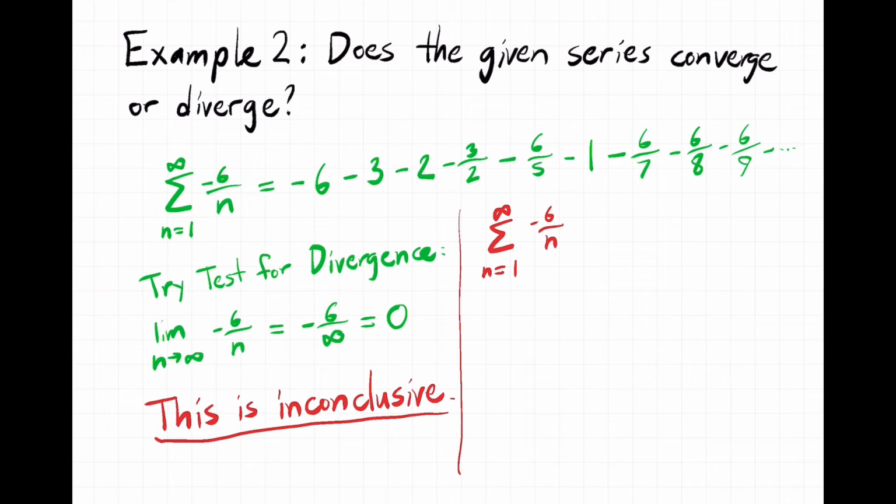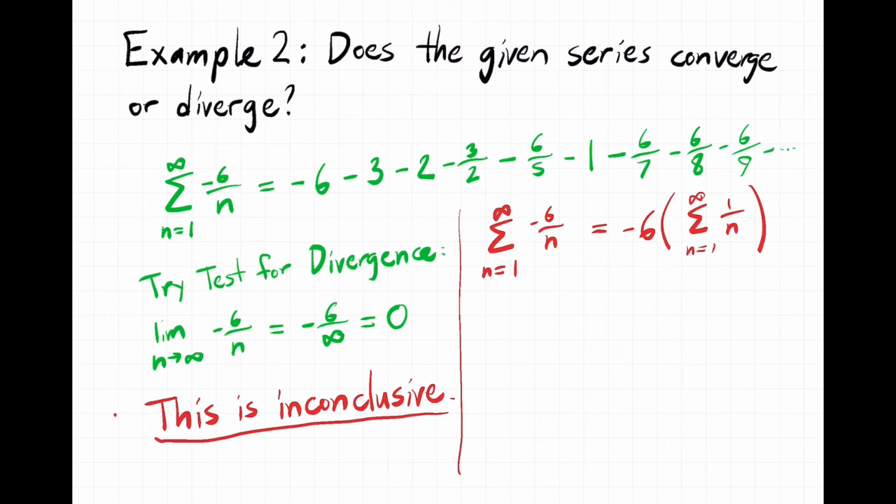If the series is a constant multiple of another series, that series will essentially have the same behavior as that other series. In this case, every term that we are adding up here has a factor of negative 6, and we can factor those negative 6's out of the entire sum by saying negative 6 times the sum as n goes from 1 to infinity of 1 over n.